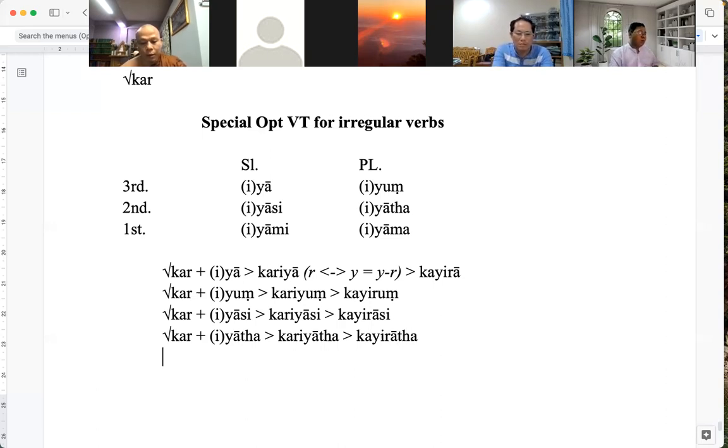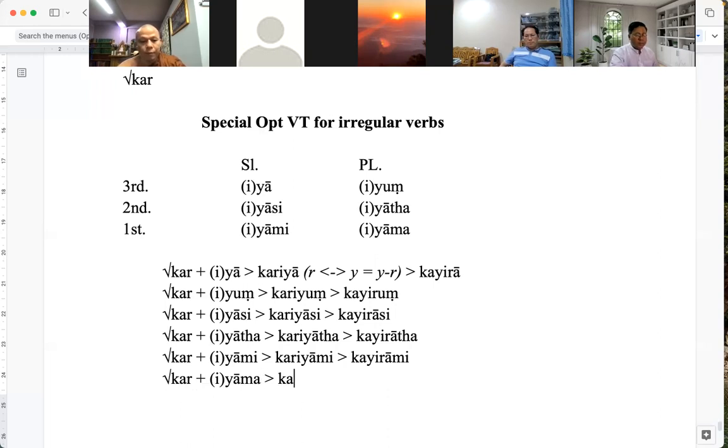The same way for the first person singular. And then from the kariyami, we have the kayirami. Okay, singular. And then plural. So kariyama. From the kariyama, we have kayirama.